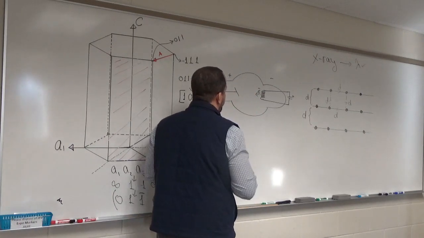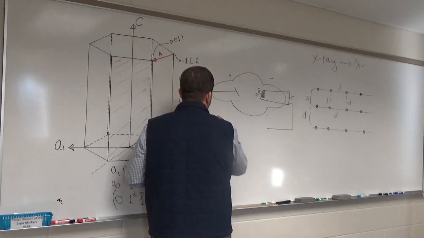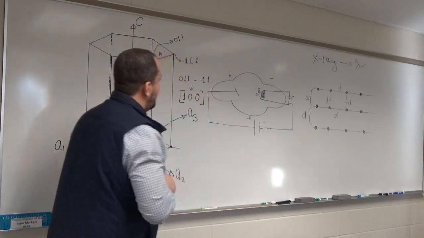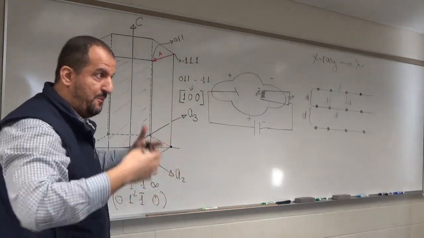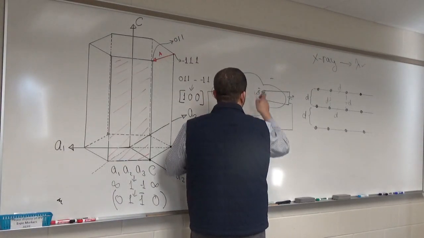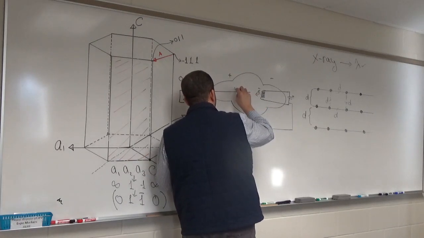So the best idea, guys, is to apply a high voltage here. When you apply high voltage, you provide these electrons with high energy. So the electrons can jump, and the easiest way for the electron is to hit this metal that we have right here.